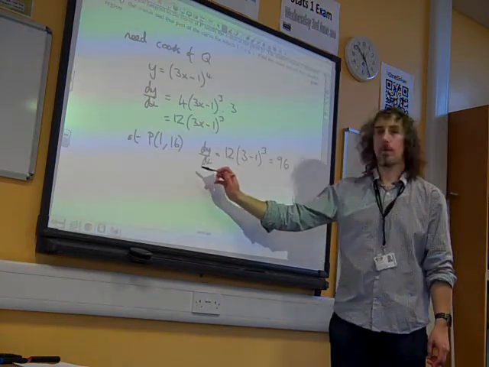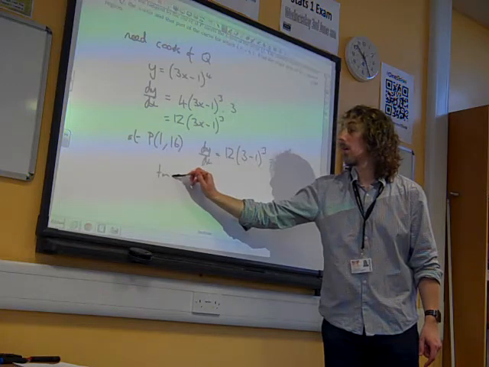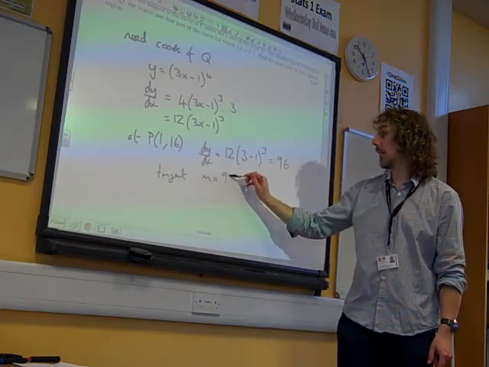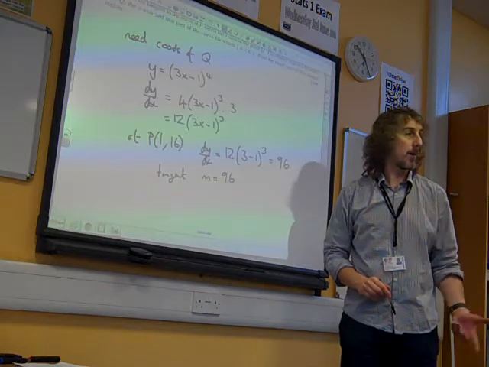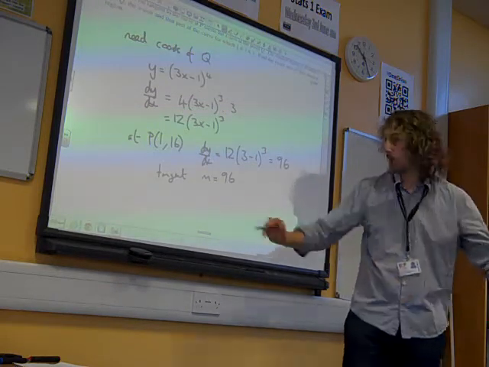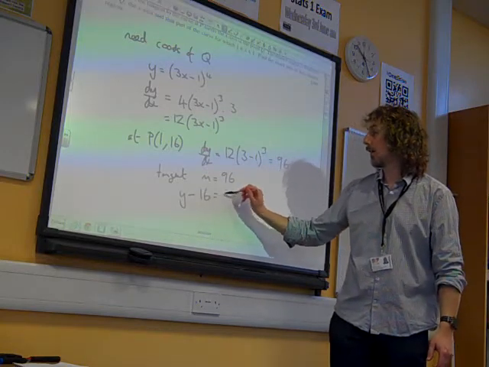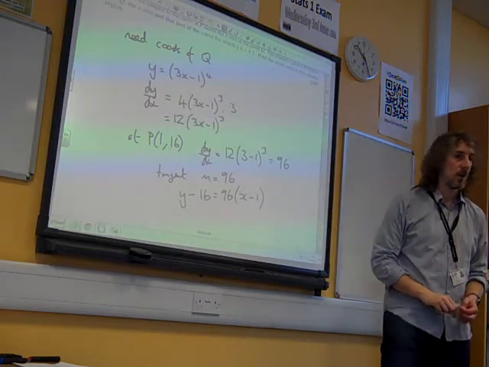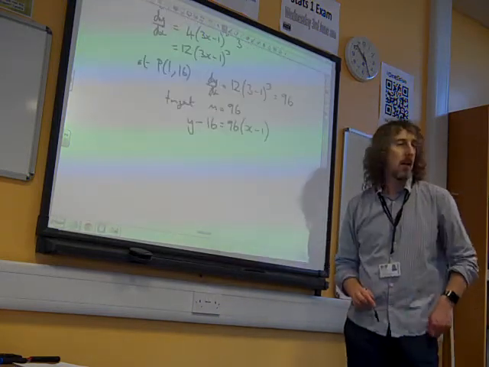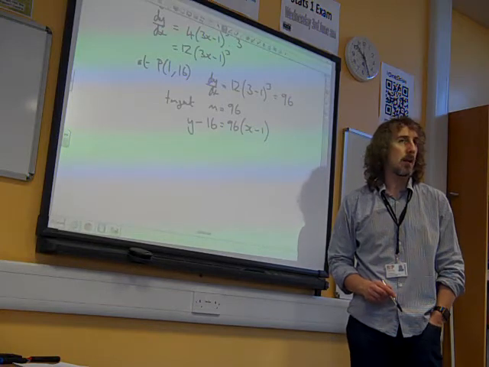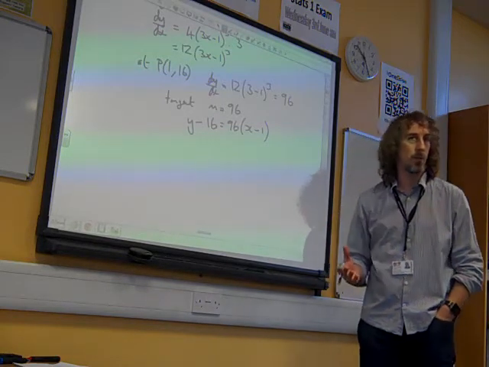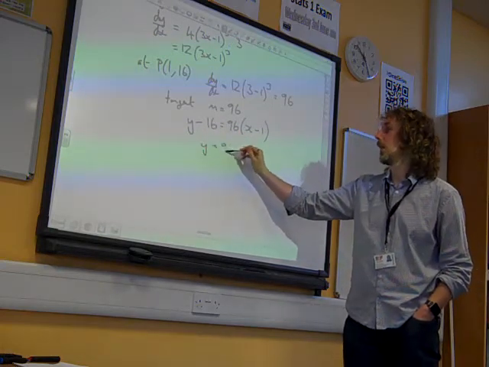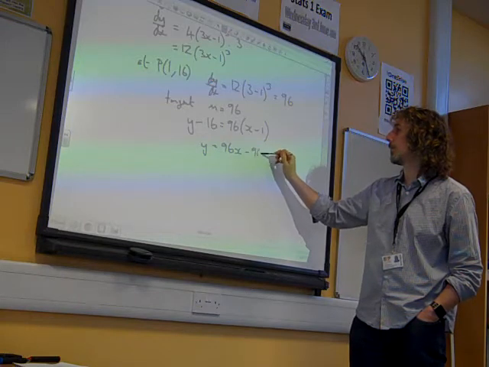So, we've got our tangent, which goes through the point (1, 16) and has a gradient of 96. And remember how we can find the equation of a tangent, again way back to Core 1: y - y1 = m(x - x1). Now all we really need to know is what happens when y equals 0, because we want the coordinate of Q. We could at this point just sub in y equals 0, but I think it's nice to finish it off a little bit.